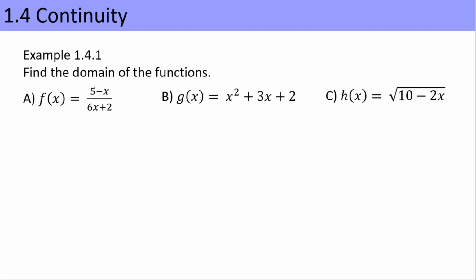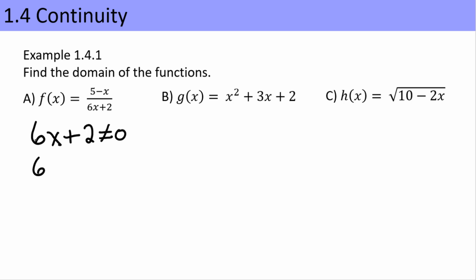We will begin this lesson with an algebra refresher on finding the domain of functions. So example 1.4.1, find the domain of the functions. Part A, f of x equals the quantity 5 minus x divided by the quantity 6x plus 2. Let's observe that in a rational function, we are only concerned with what makes the denominator equal to 0. So the requirement would be that the denominator 6x plus 2 cannot equal 0.